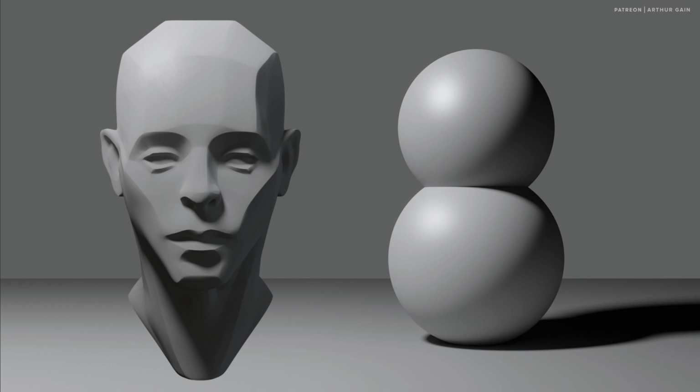But the head is an arrangement of shapes, and they are symmetrical to a certain degree. So what to do to show it? How can we describe it? We use light and shadow to show the form.